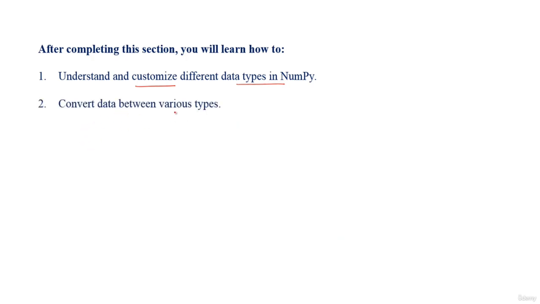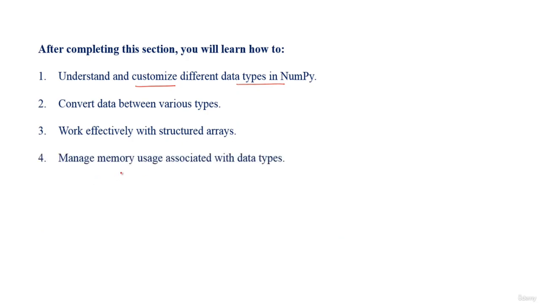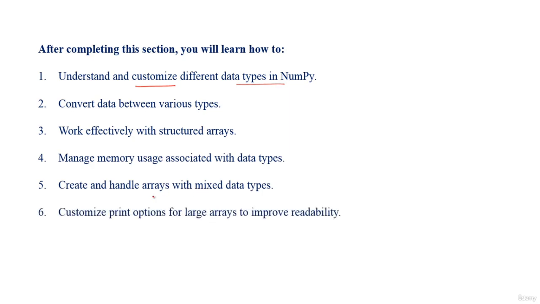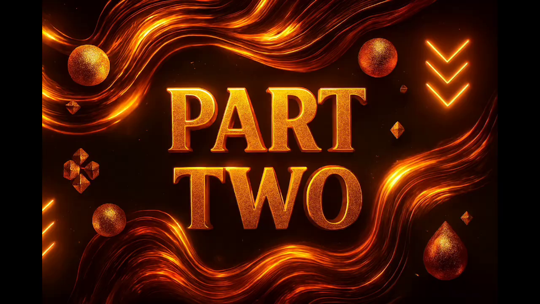Convert data between various types. Work effectively with structured arrays. Manage memory usage associated with data types. Create and handle arrays with mixed data types. Customize print options for large arrays to improve readability. So these are the different achievements you will get at the end of this section number 5.